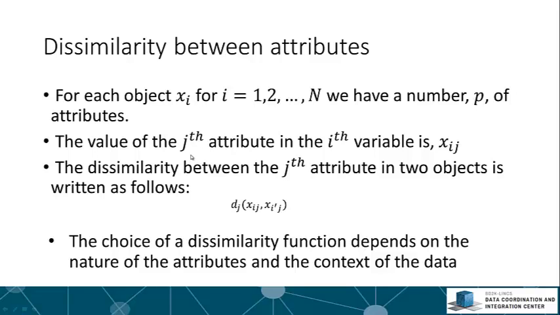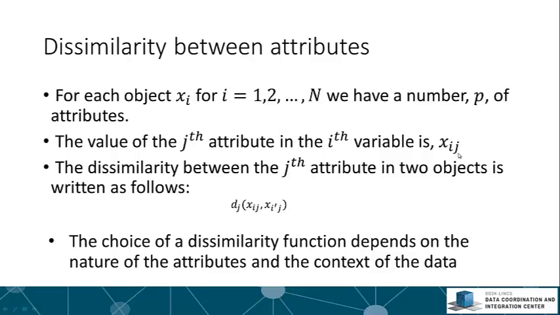Now, in terms of our notation, the value of the jth attribute for the ith object is x sub ij. So this would be, for example, the expression level of gene j in sample i.